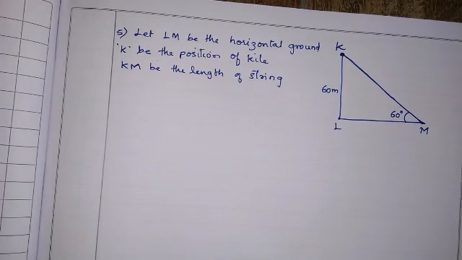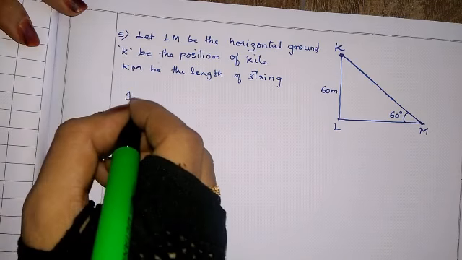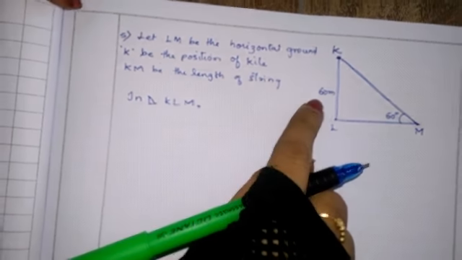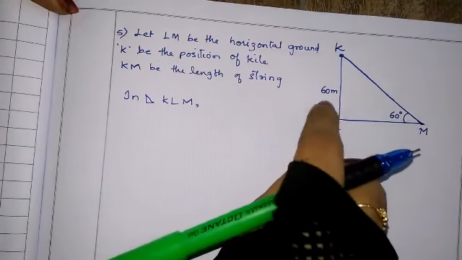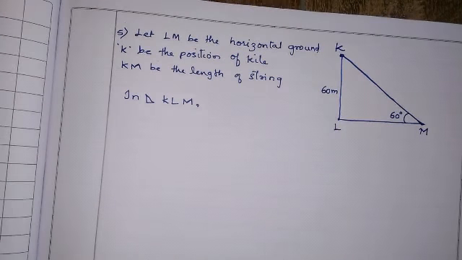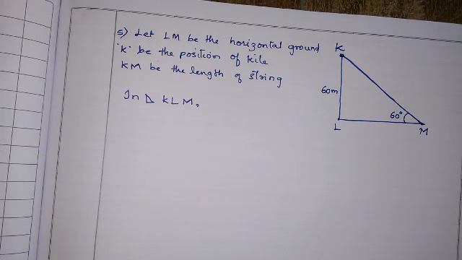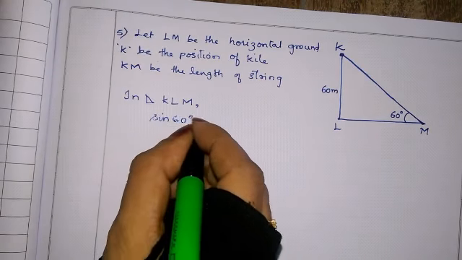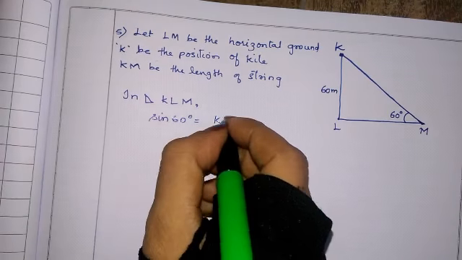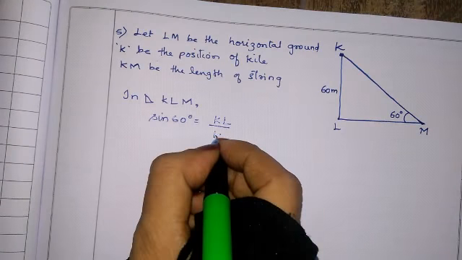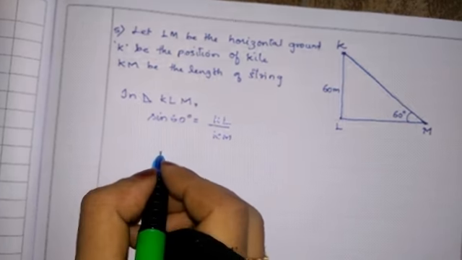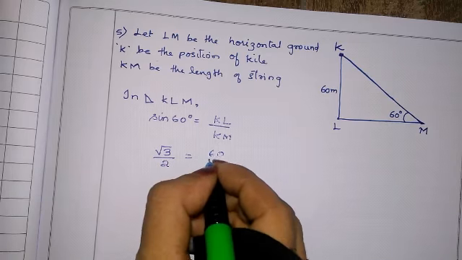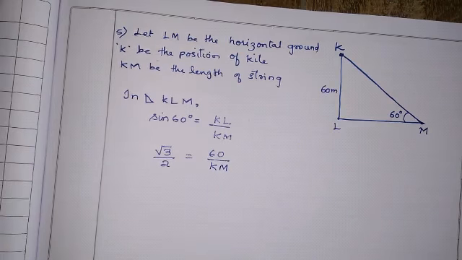So let us find now. We know in triangle KLM, opposite is given, we want hypotenuse. Opposite upon hypotenuse is nothing but sine. So sine 60 degrees is equal to opposite KL upon KM. Sine 60 is root 3 by 2, is equal to KL, 60, by KM, we need to find.